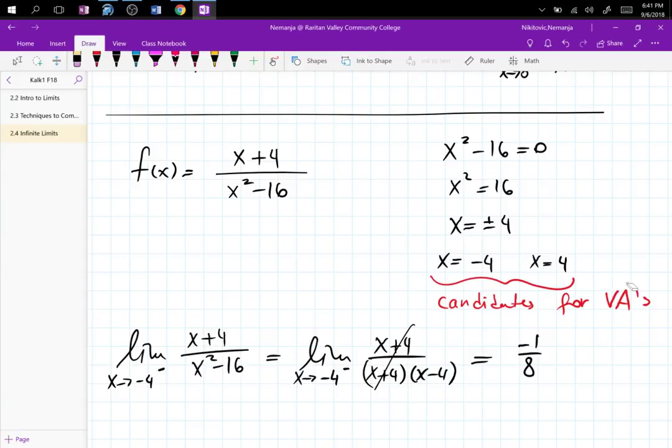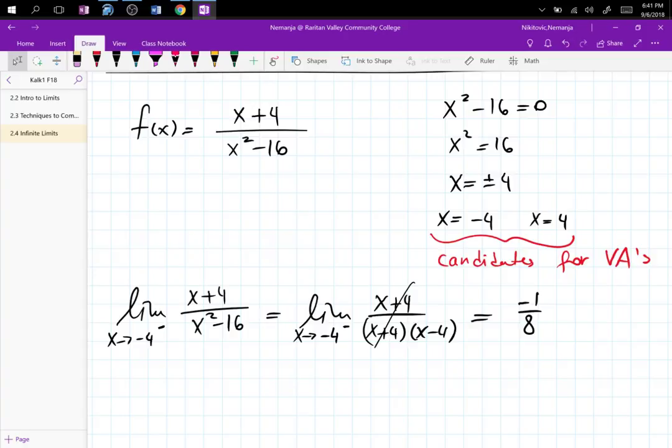And we can actually do that experiment. I think I'll be able to put this thing under the document camera. Let's just quickly calculate the other one. So now we're going to work with 4. I have limit x approaches 4 from the left or the right, doesn't matter.